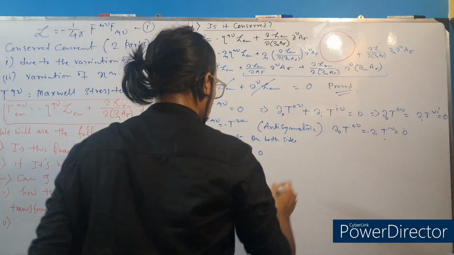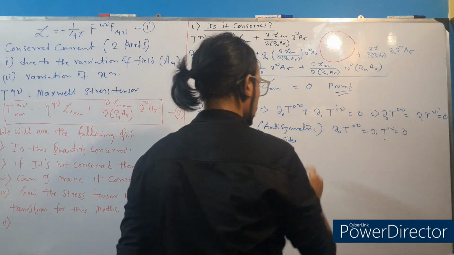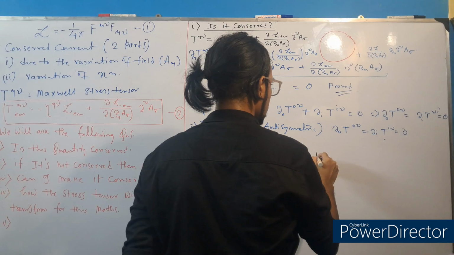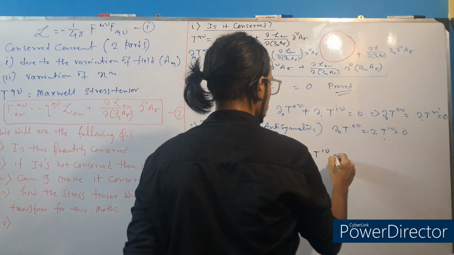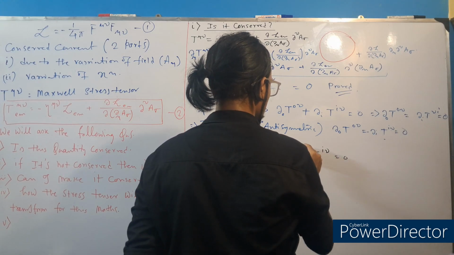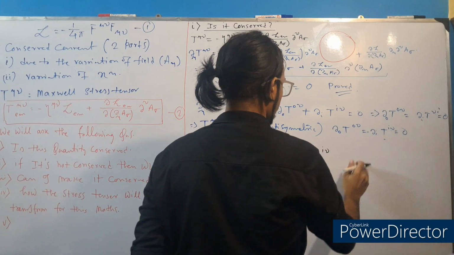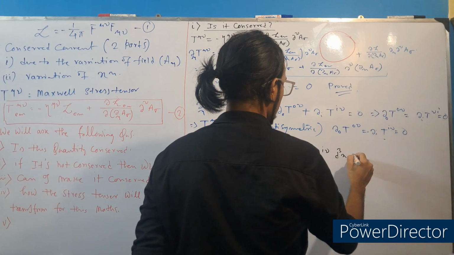And another consideration is that ∂_i T^{iν} equals 0, integrated over d³x, equals 0.